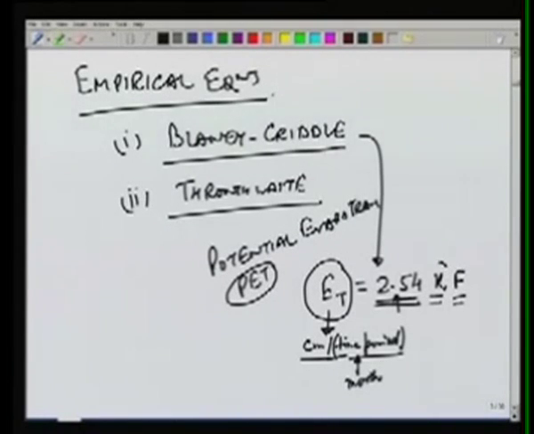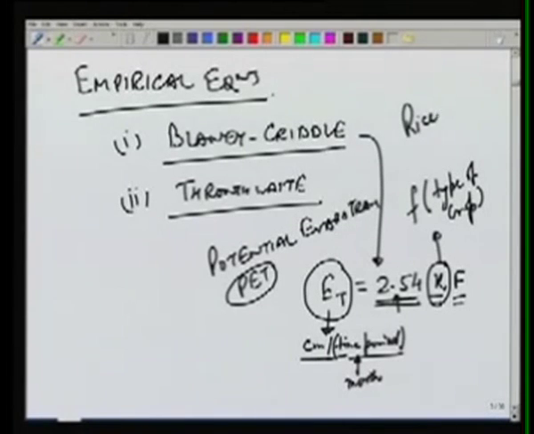In the original equation, this 2.54, as I said, was not there, but ET was KF in inches. Now K is a factor which is a function of type of crop. For example, for rice, K may be around 1.1, and if you have wheat, it would be typically about 0.65.